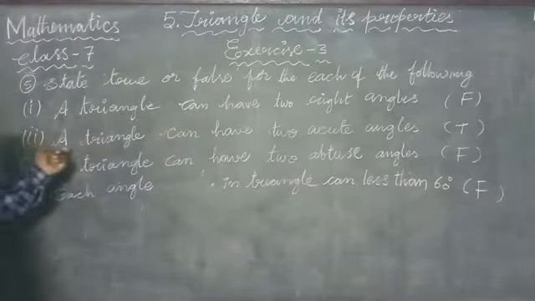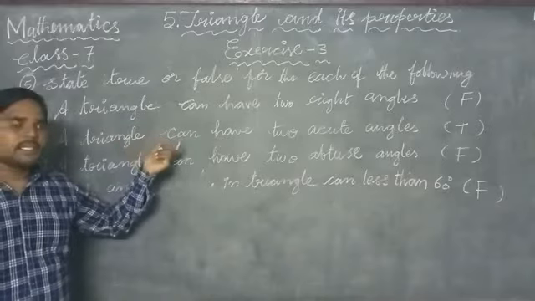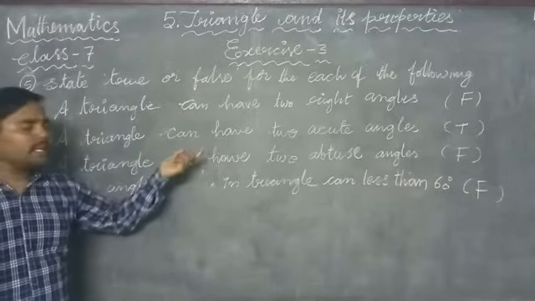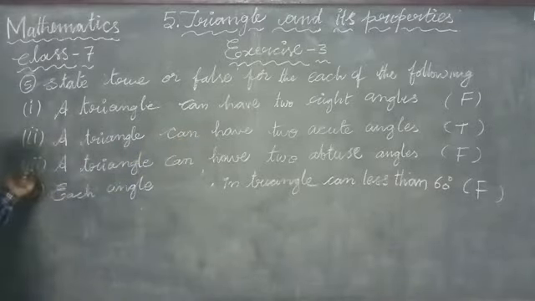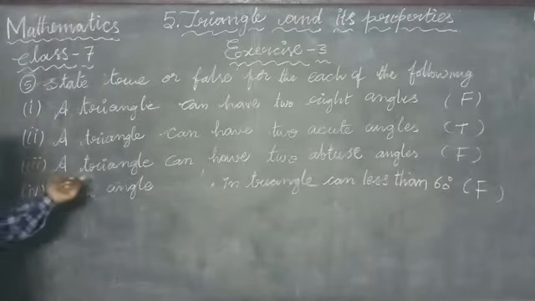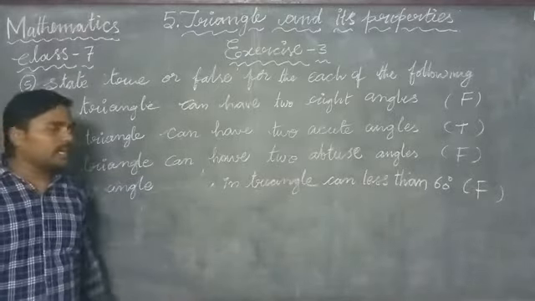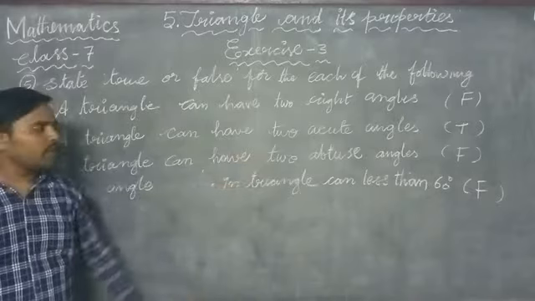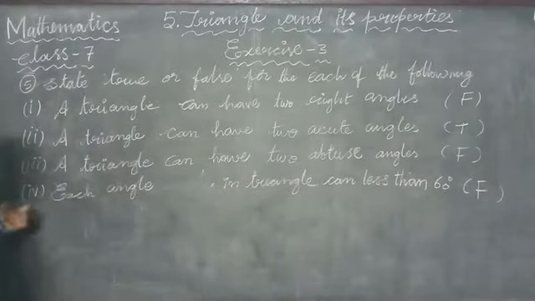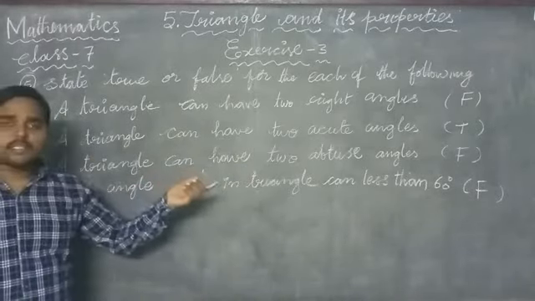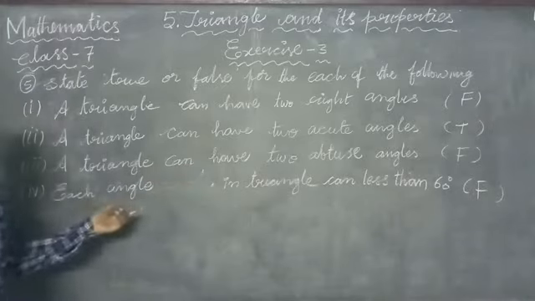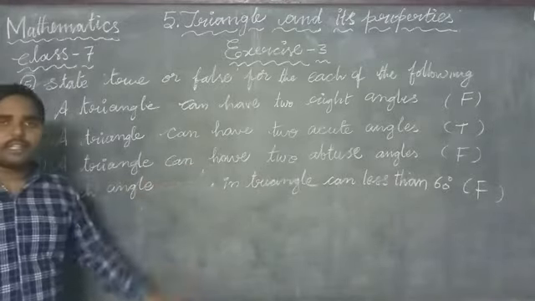A triangle can have two obtuse angles. It is not possible, so that is false. And each angle in a triangle being less than 60 degrees is also not possible, so it is also a false statement.